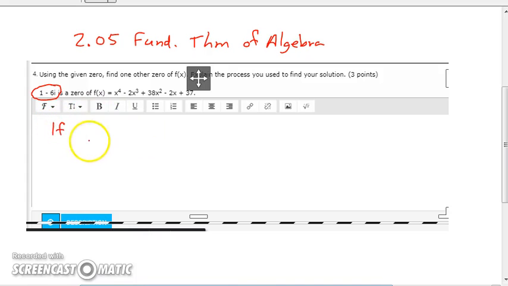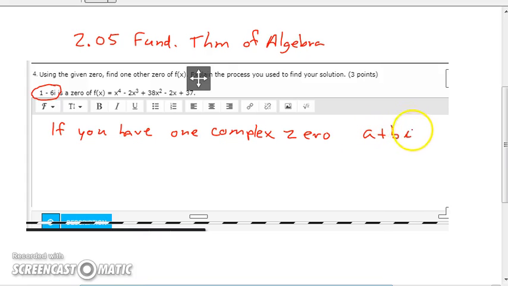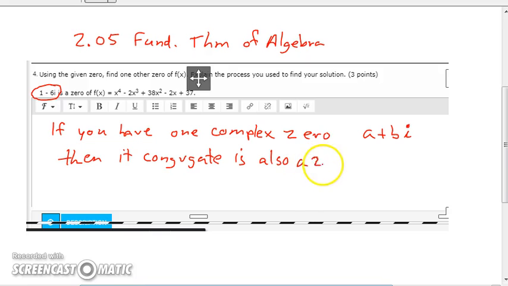Okay? If you have one complex 0, a plus bi, for example, then its conjugate is also a 0. So if a plus bi is a 0 or a root of a polynomial, then its conjugate also is.